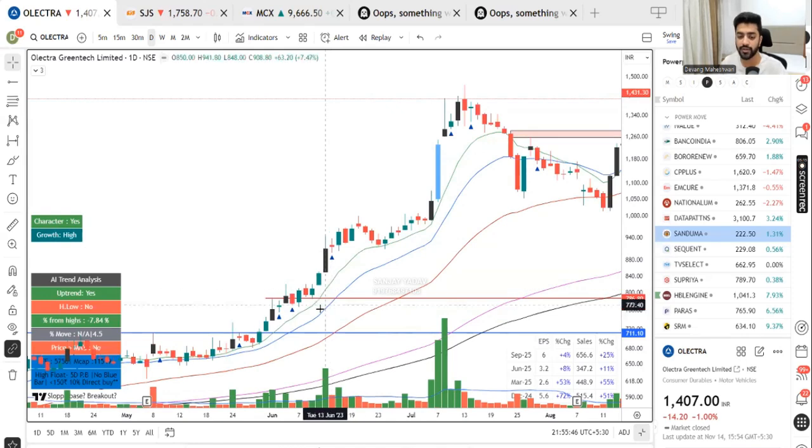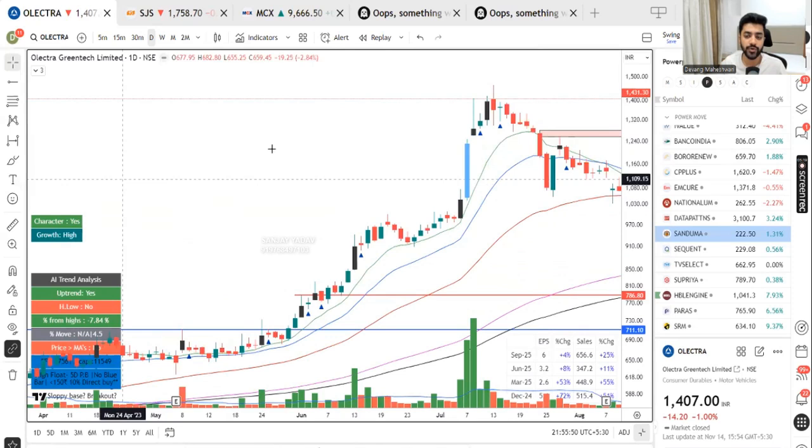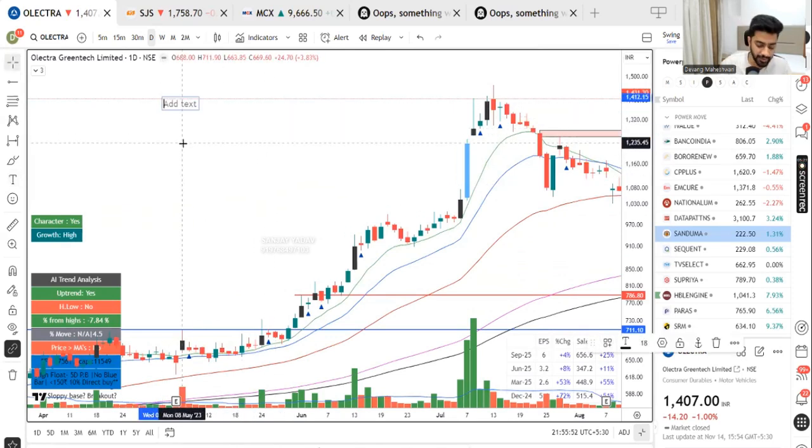It never broke the 10, it simply went up. Now, how to exit: the first part will be into strength. And this is where your risk reward and your psychology will come in. Now, into strength, this can be 10% gains to 20% gains.